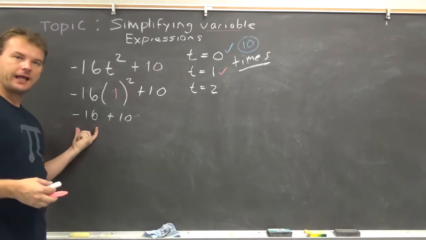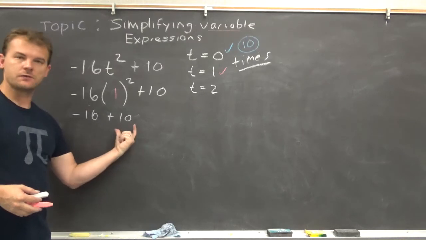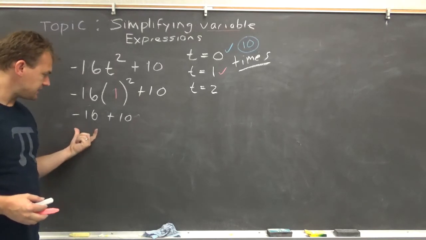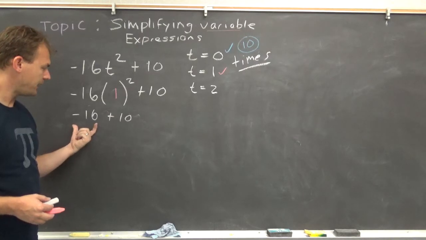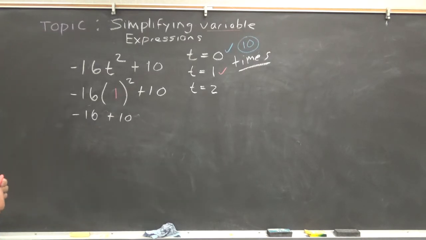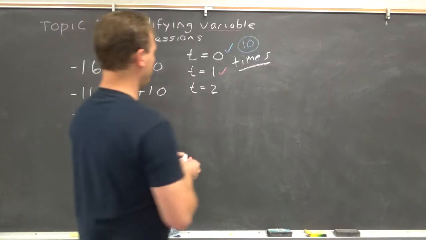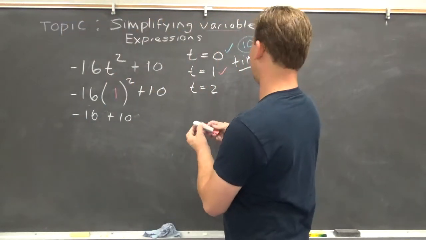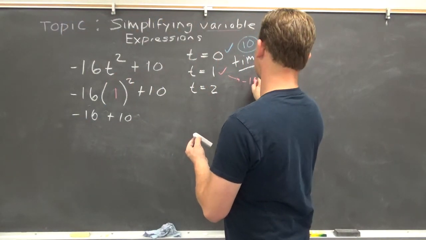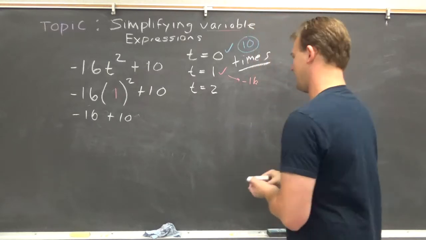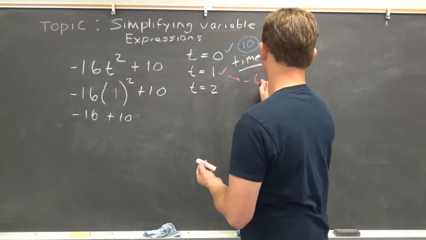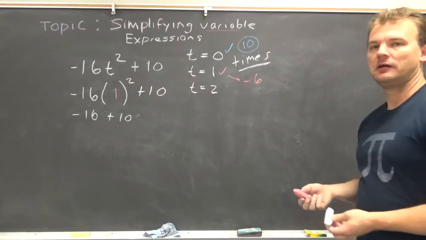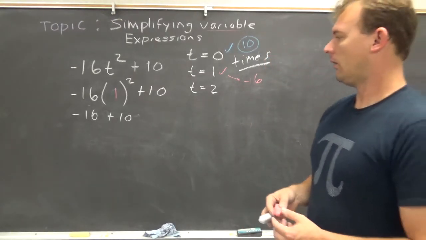You have 6 more negatives, right? So this one is actually going to be negative 6, if we do the math right. Oh, it's negative. Okay.